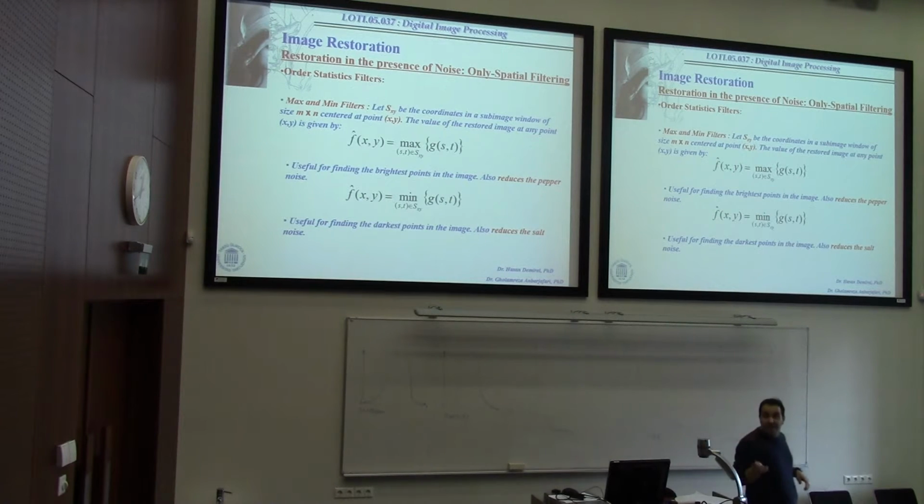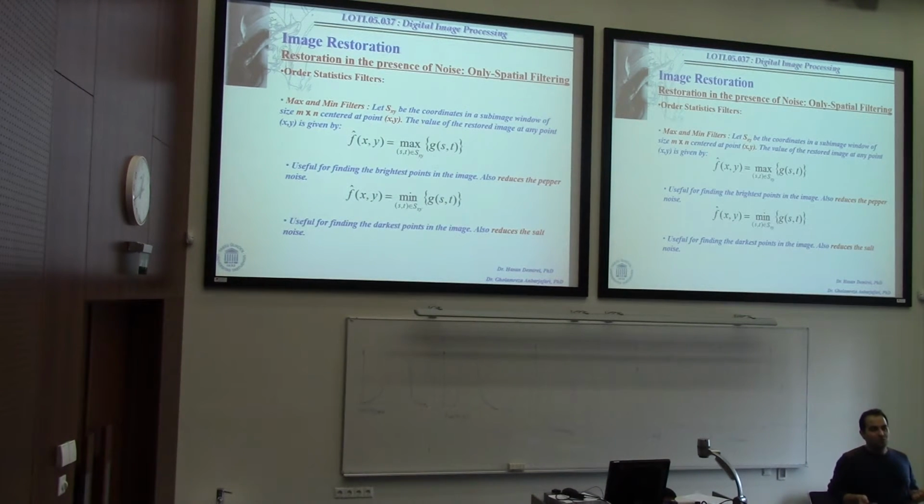Another filter that we can use for noise reduction is the max and min filter. These are two filters. The max filter, we can restore the image by using this function. It's useful when we want to reduce the amount of pepper noise in the image.